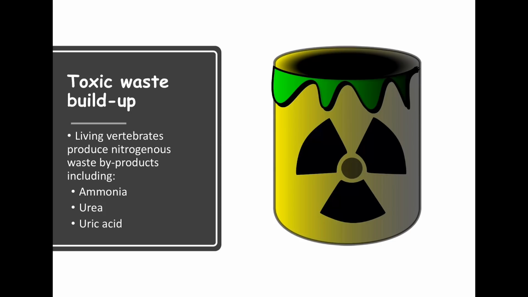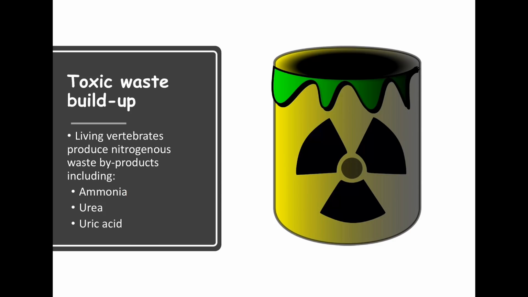But before we talk about the elimination, we have to talk about what some of this toxic waste buildup is. Now, living vertebrates like us produce nitrogenous waste. So they're nitrogen-based waste, and the ones that we most commonly produce are urea and uric acid, and some other vertebrates produce ammonia.